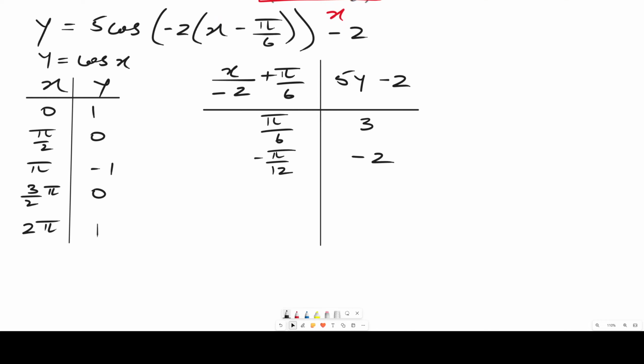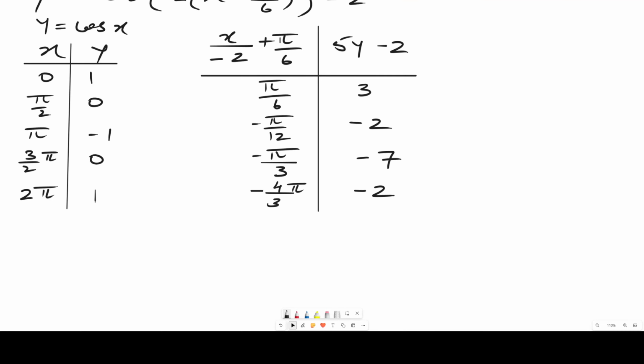And we're just going to keep on going. Over here, pi over negative 2, plus pi over 6 is going to be negative pi over 3. And because it's negative 1 here, 5 times negative 1 is negative 5, minus 2 becomes negative 7. And then for 3 over 2 pi divided by negative 2, I'm going to have negative 3 over 4 pi plus pi over 6, which is negative 7 over 12 pi, and this would be, again, negative 2.